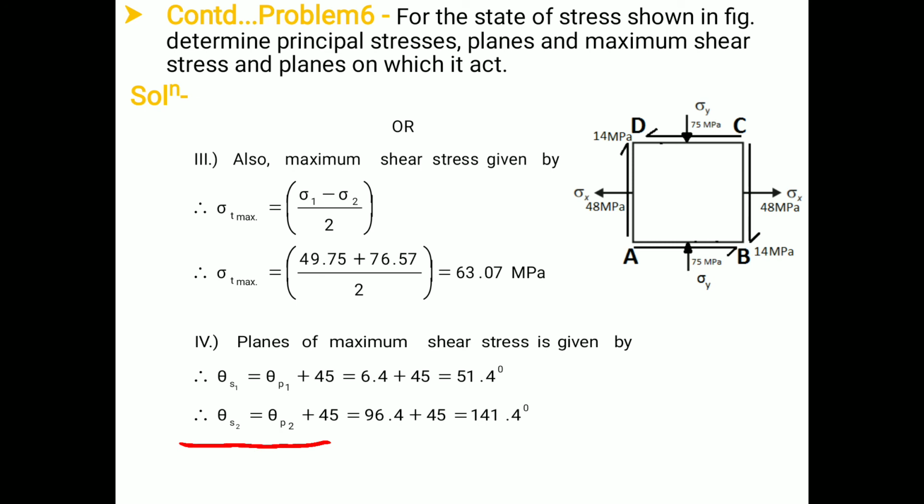We have theta p2 as 96.4 degree plus 45 degree, so it is 141.4 degree. So these are the two planes on which the maximum shear stresses are acting. In this way we have found the principal stresses, the planes on which they act, and also the maximum shear stress and the planes on which it is acting.